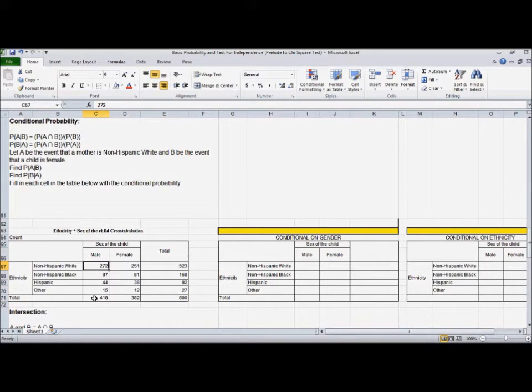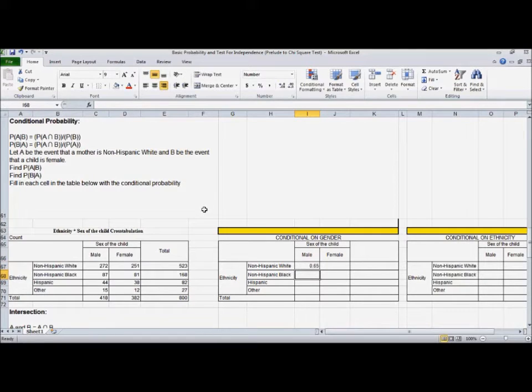So now I see there were 272 non-Hispanic white mothers within the male category. So I would simply take that total divided not by the grand total, by the total male portion of our sample. So we see 272 was the non-Hispanic white mothers out of 418 in this case.